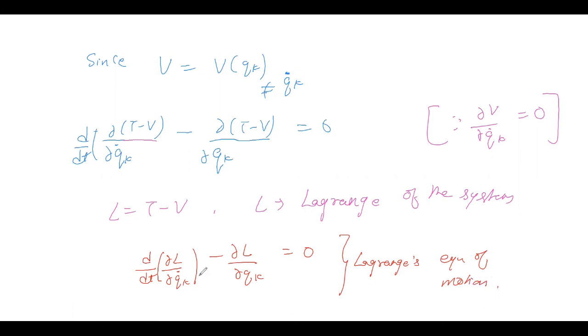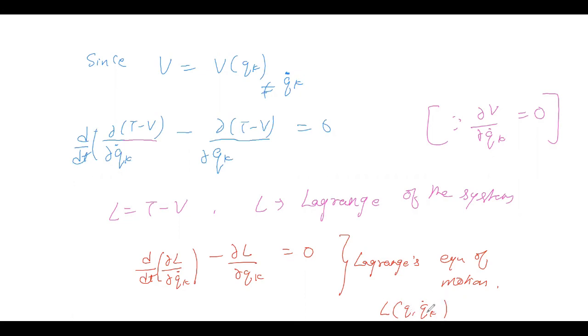Remember, the Lagrange equation is written in terms of generalized coordinates, where L is a function of Qk and Qk dot. So it's a function of generalized coordinate and generalized velocity, and sometimes T also.